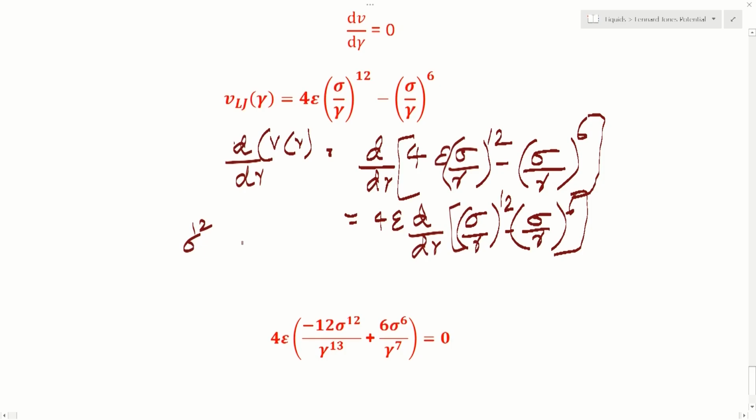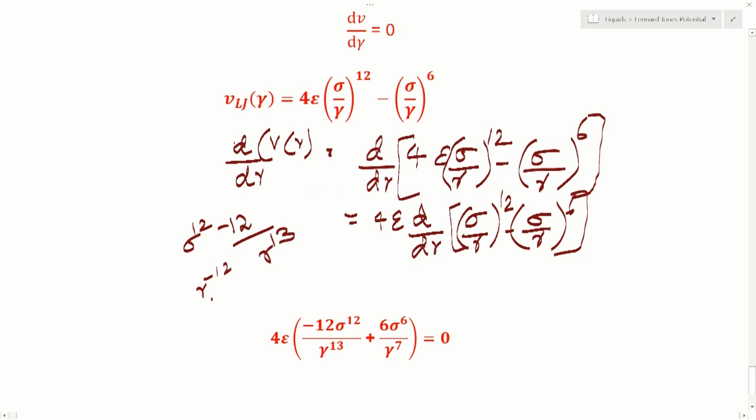That is R to the power minus 12, therefore minus 12 will come, and then minus 12 minus 1 gives R to the power 13. Here this is sigma by R.